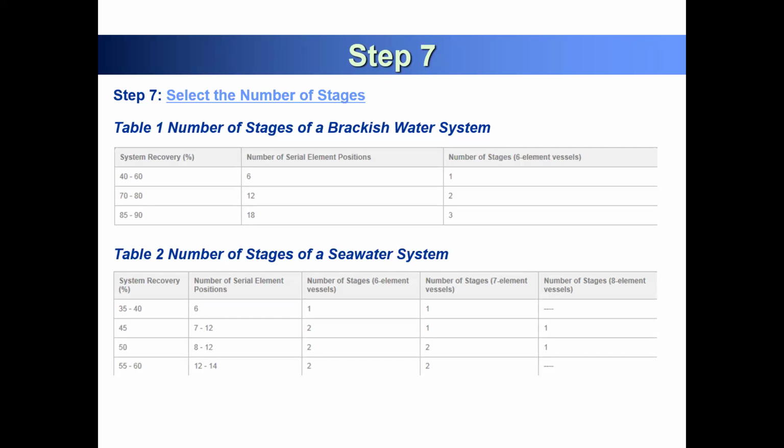For the number of stages, when you just recover 35 to 40%, the first stage would be good enough. But if you want to go for more than 40% recovery, you need to design a second stage.